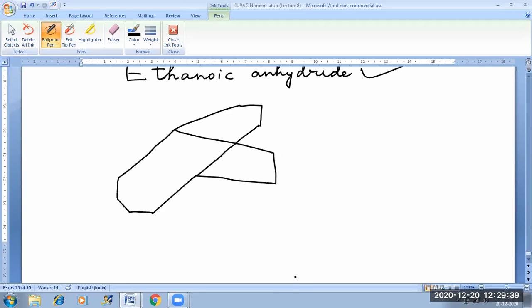Okay. Try to write down the name of this compound.